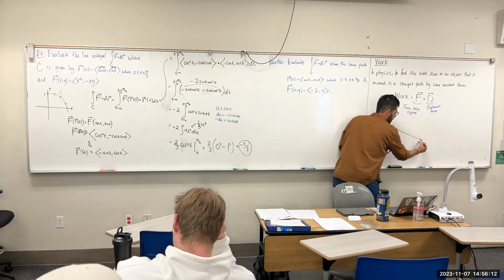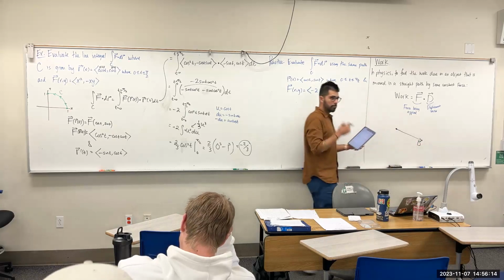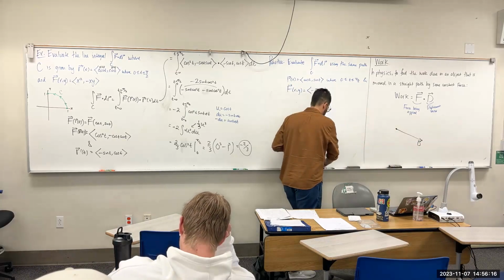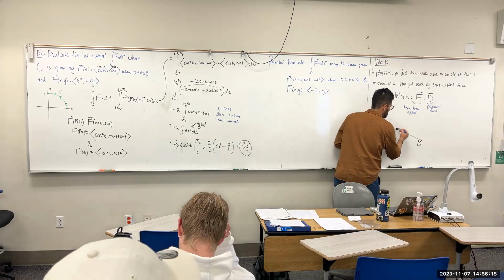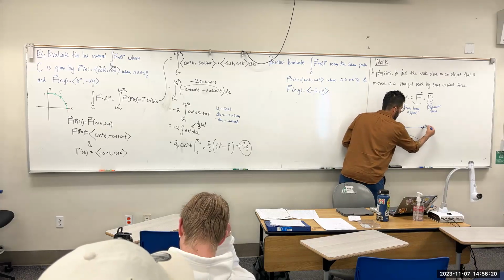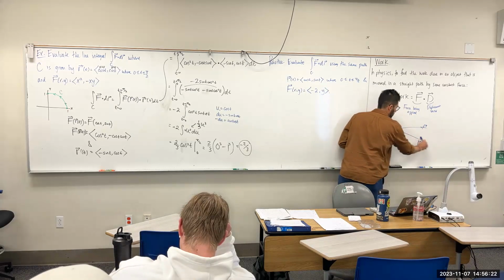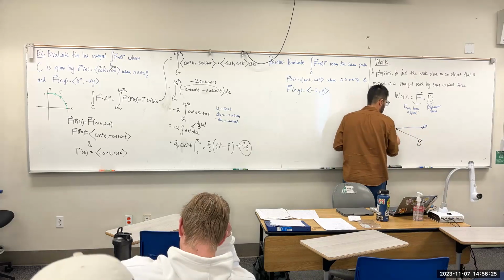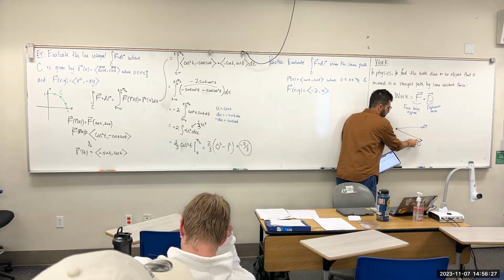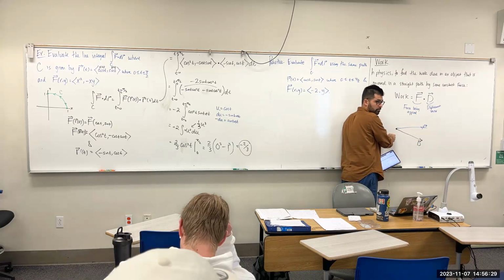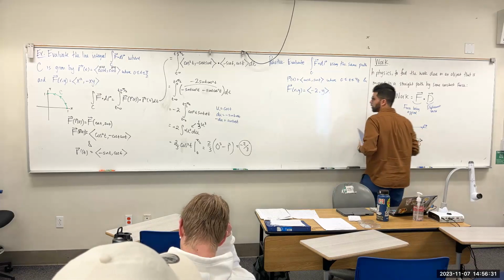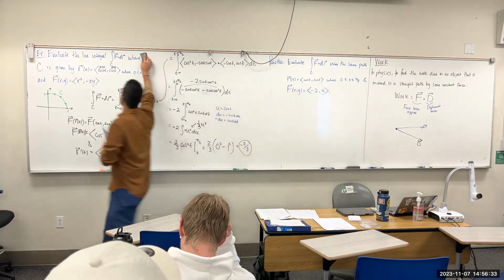Careful, this would be your displacement vector. It was moved from here to here, and there was a constant force pushing it. But the path that the object moved in was a straight path. Then it's not too bad. You just take the dot product of those.